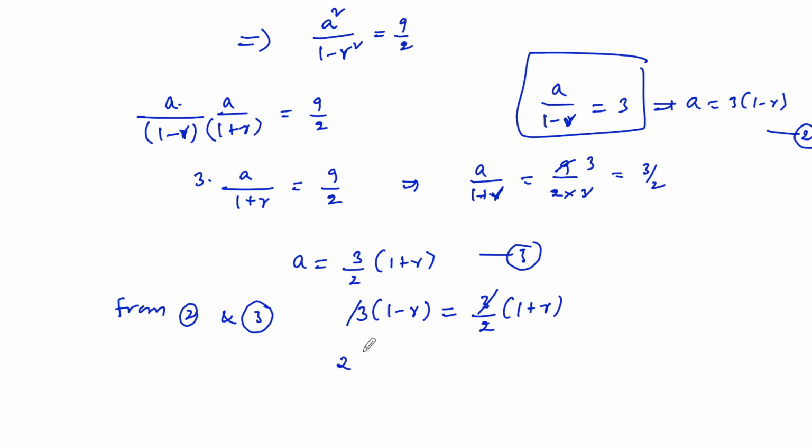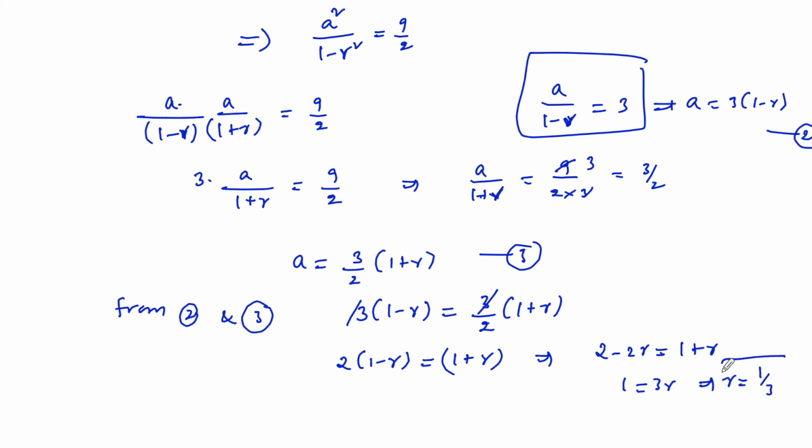So 2 times 1 minus R is equal to 1 plus R, or 2 minus 2R is equal to 1 plus R, or 2 minus 1 is equal to R plus 2R, that is 3R. So we get R is equal to 1 by 3.